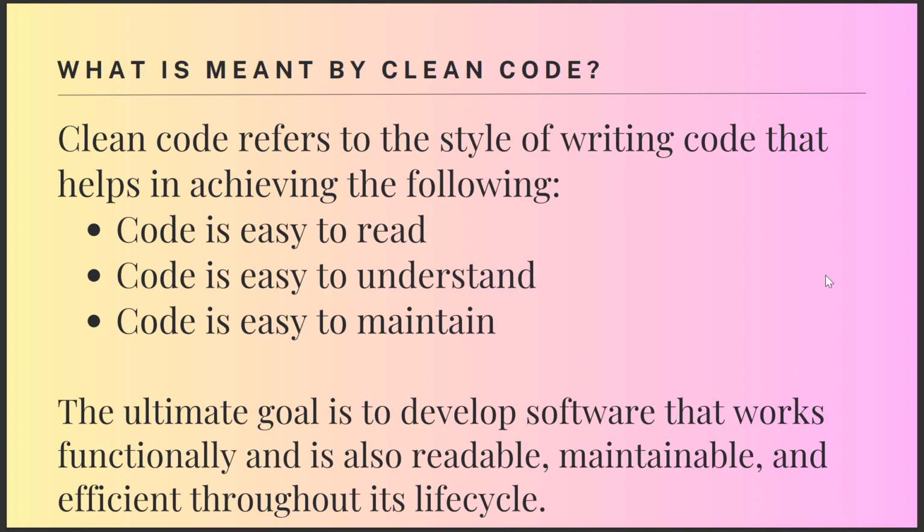The last point is that code should be easy to maintain. This is very important. When you start any project, the project is very small at the start, but eventually the project grows into tens of thousands of lines of code. And it's not only going to stay in one small repository, but it spans multiple small projects.